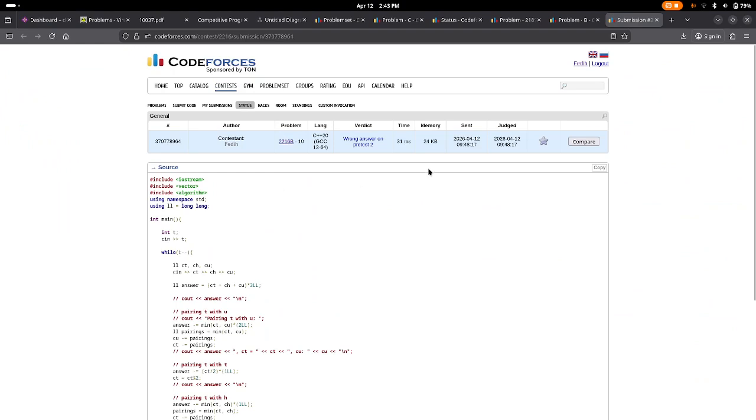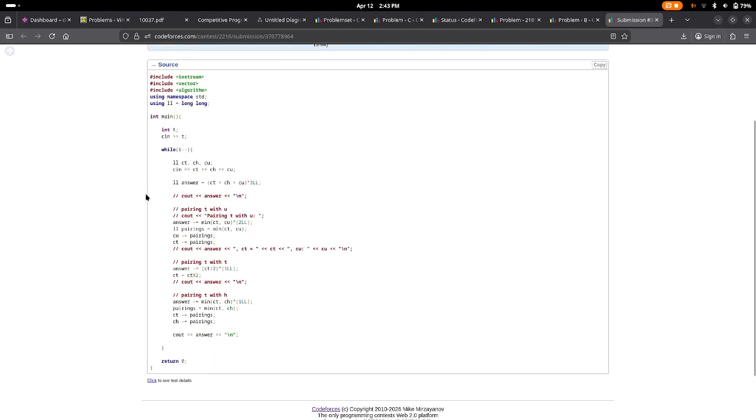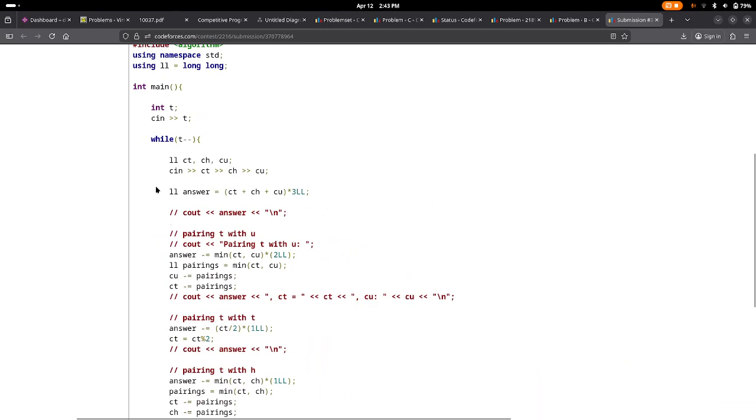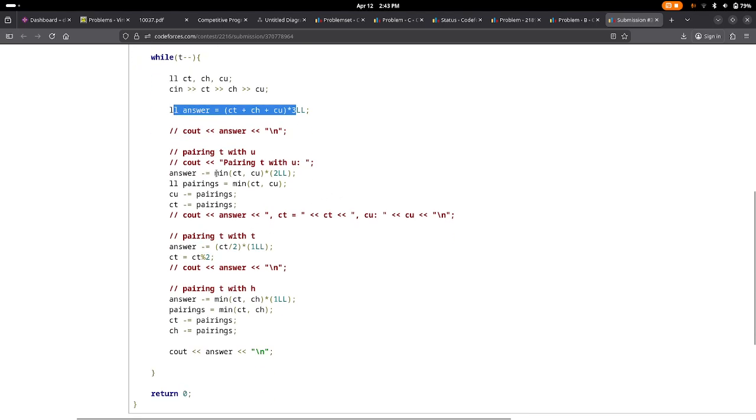Just a second. Yeah, wrong answer on pretest 2. So what I was doing: first of all, I am calculating the naive answer. Then I am calculating the reduction. So pairing T with U: a minimum of CT, CU, and as the combination helps us save space by 2, so times 2, and reducing the respective values of CU and CT.